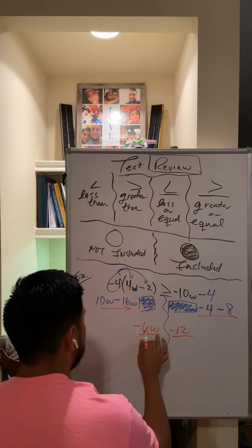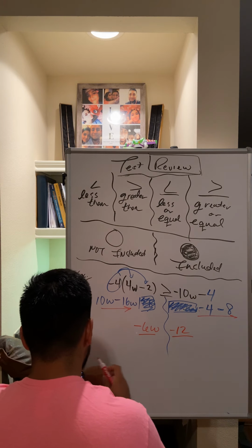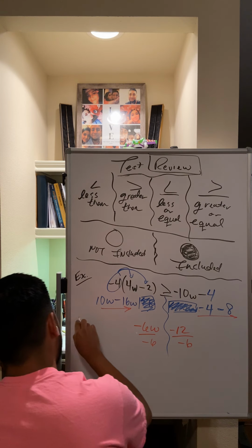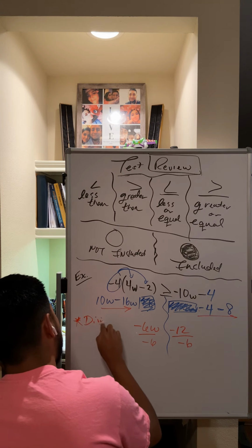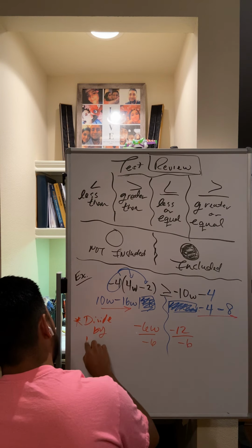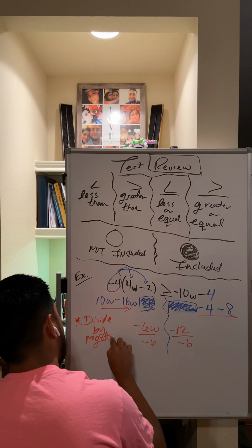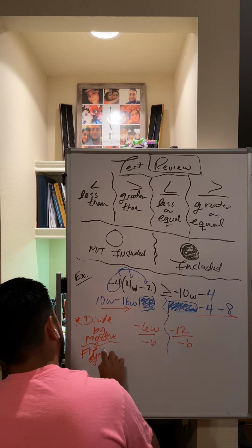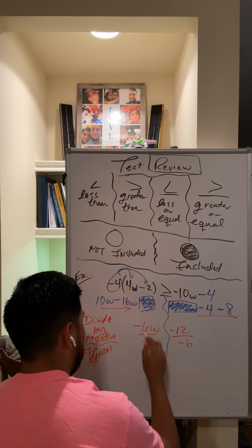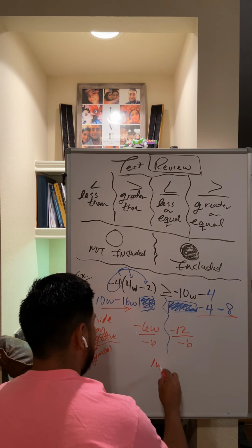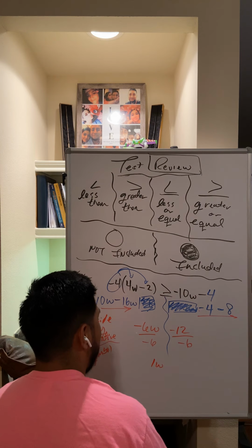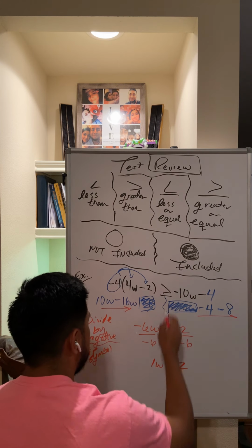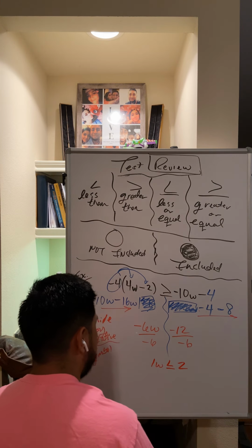Who are we dividing by? The person in front of the variable, which is negative 6. Uh-oh. Remember, when you divide by a negative, flip the symbol. Negative 6 divided by negative 6 is 1w. Negative 12 divided by negative 6 gives me a positive 2. And then the symbol flips.